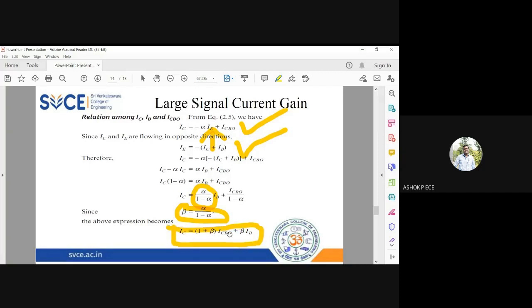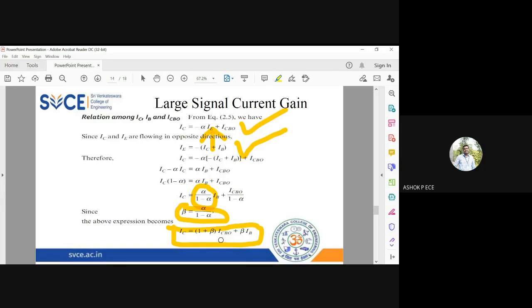And I again say ICB0 is the reverse saturation current flowing in the collector base junction of your transistor. Collector base junction is always reverse biased, so a small reverse leakage current is always there.